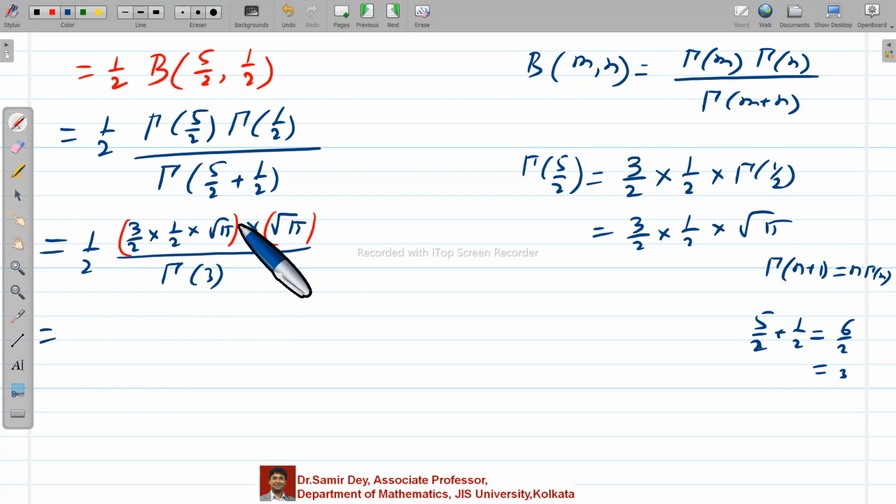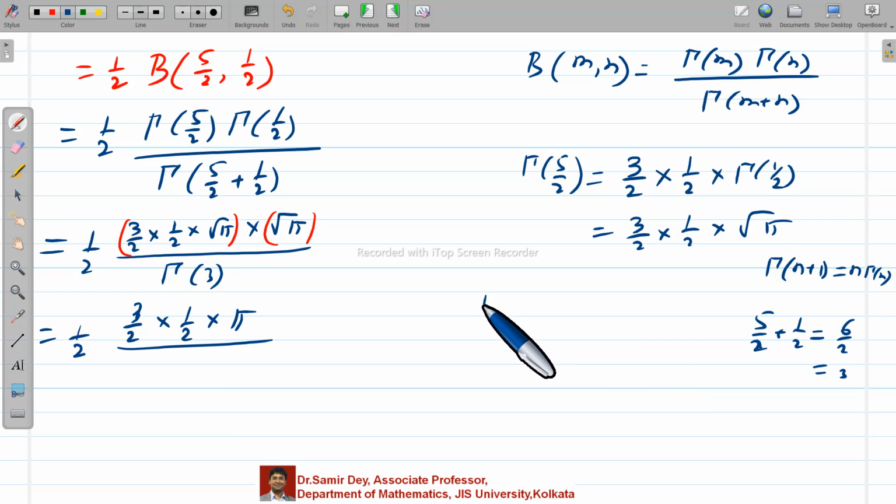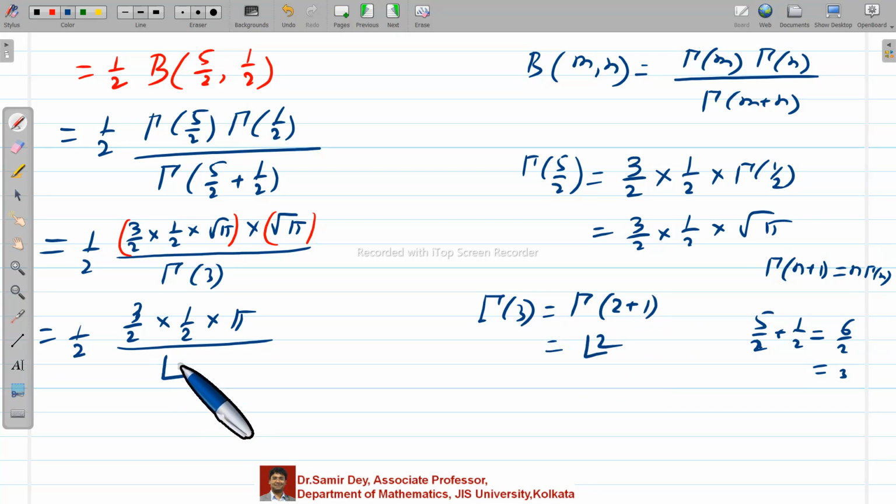Already you know. So from here you may write 3 by 2 into 1 by 2 into root pi into root pi, that is pi. And gamma 3 you may write gamma 2 plus 1, that is factorial 2.